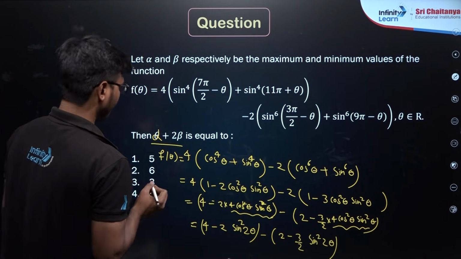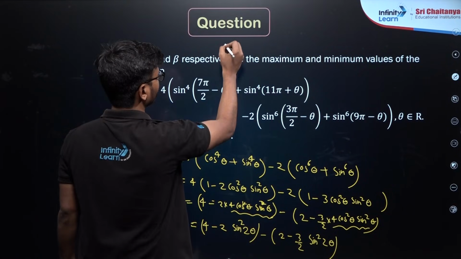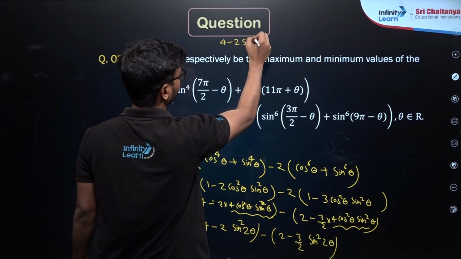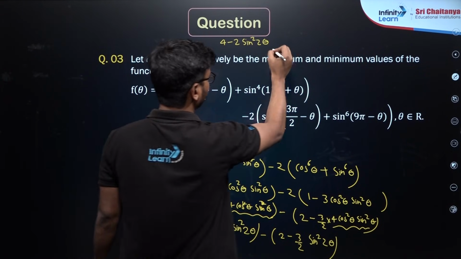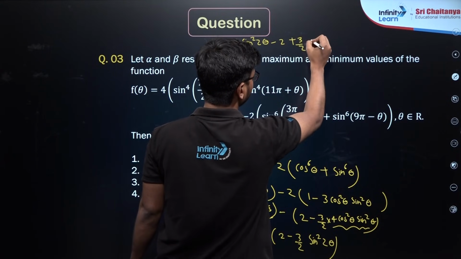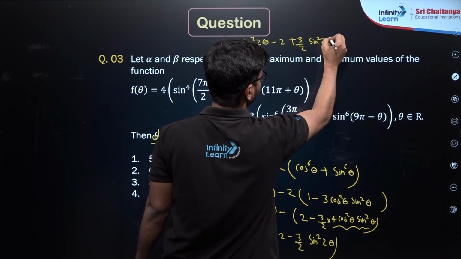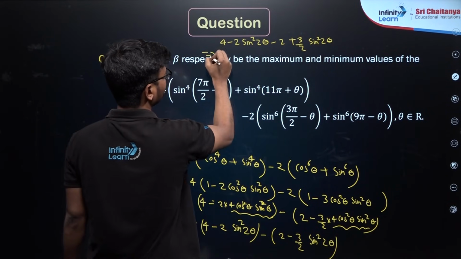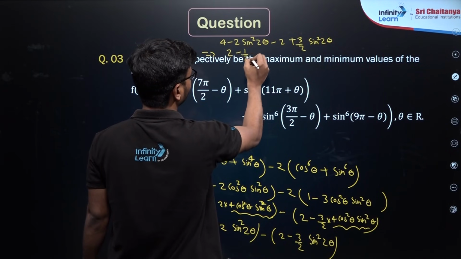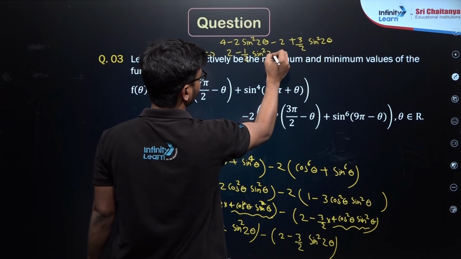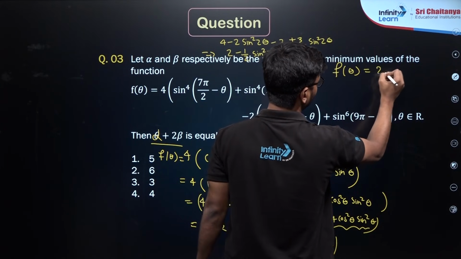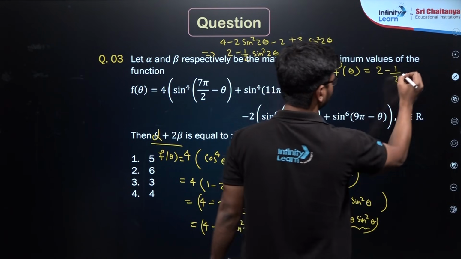Further simplifying, I can write it as 4 minus 2 times sin square 2 theta, and here I have minus 2 minus minus plus 3 by 2 sin square 2 theta, correct? So further simplifying, 4 minus 2 is going to be 2, 2 2s are 4, it will be minus of 1 by 2 sin square 2 theta. So my updated f of theta is 2 minus 1 by 2 sin square 2 theta.